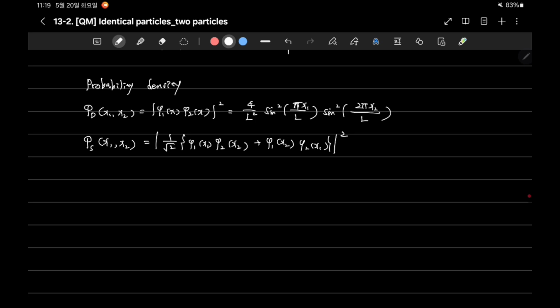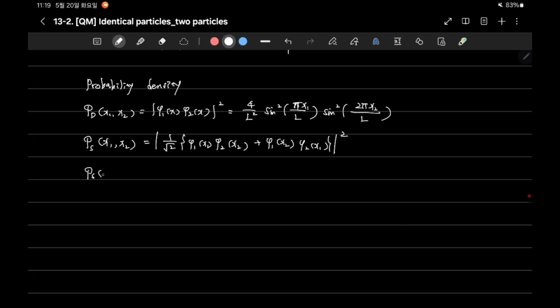You can insert here the sine functions, with x1, x2, x2, x1, but we can write down in more detail later.